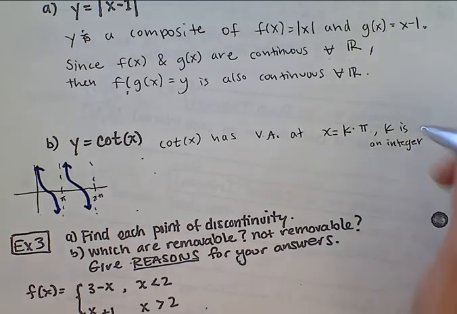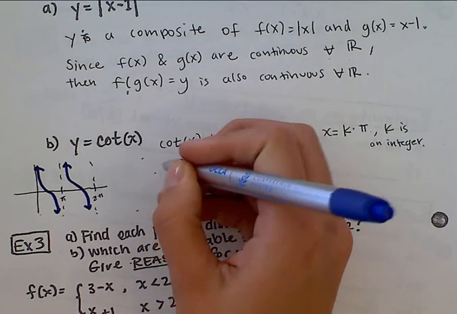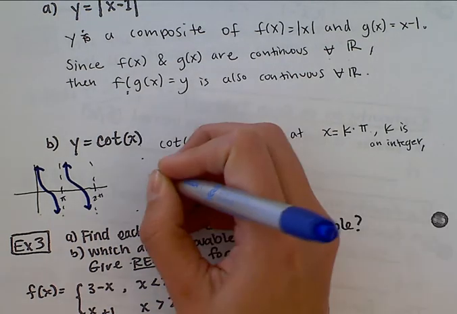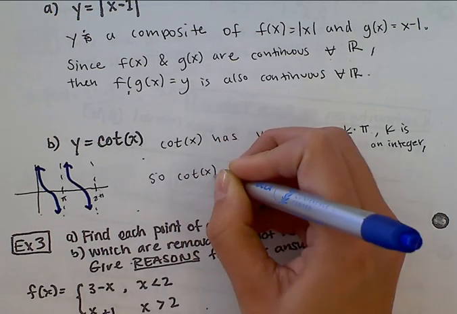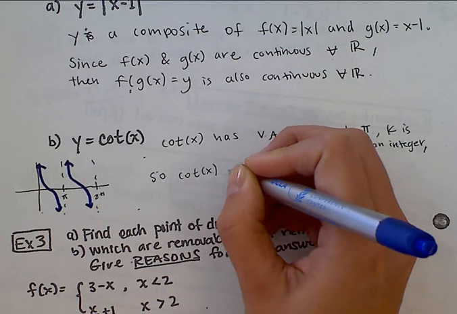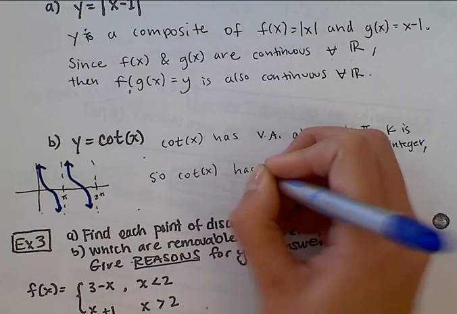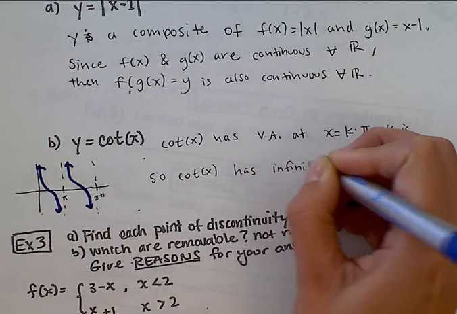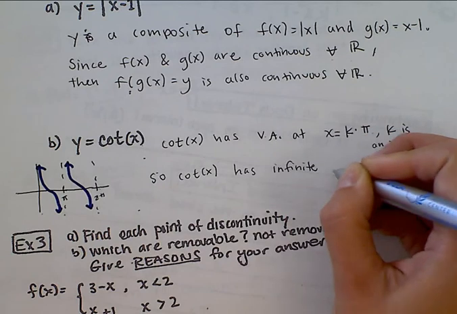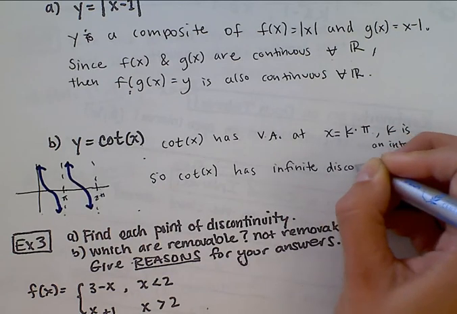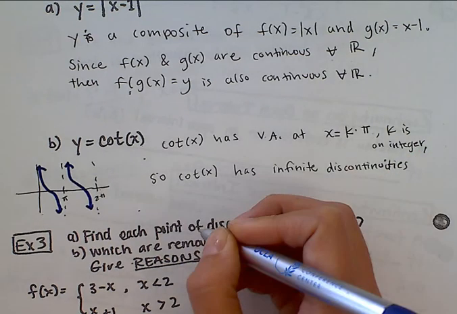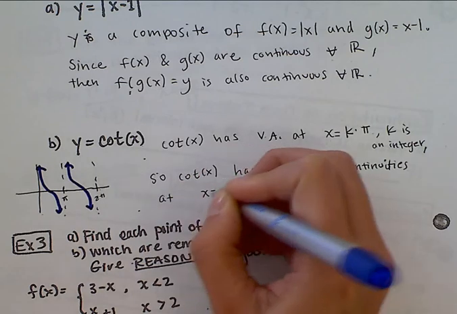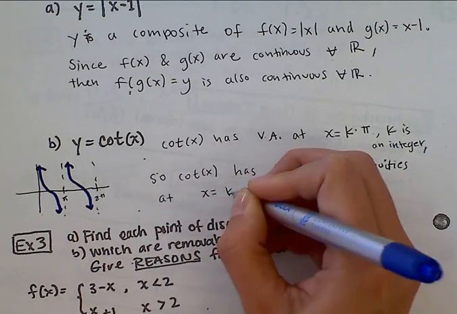Okay, so since there are vertical asymptotes there, we can say cotangent of x has infinite discontinuities at x equals k times pi.